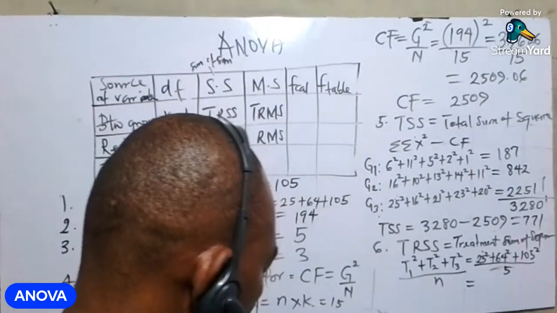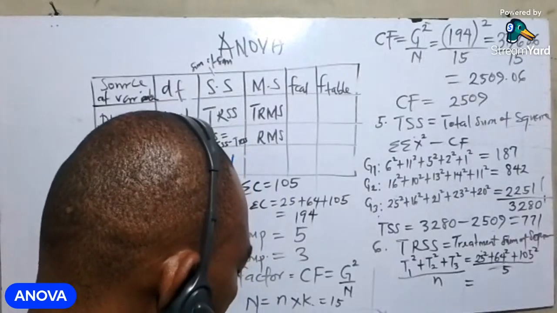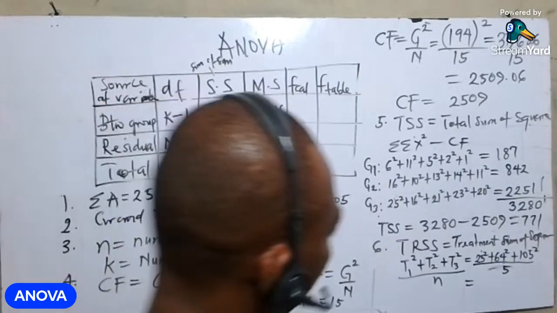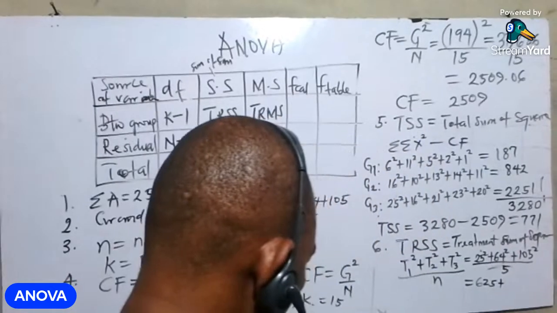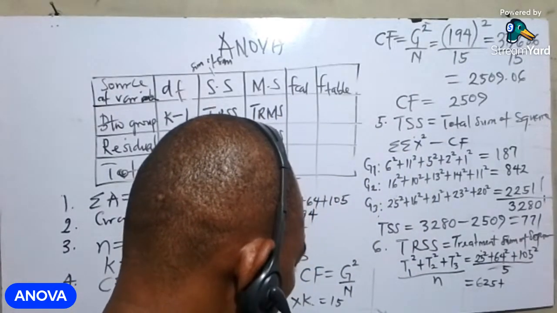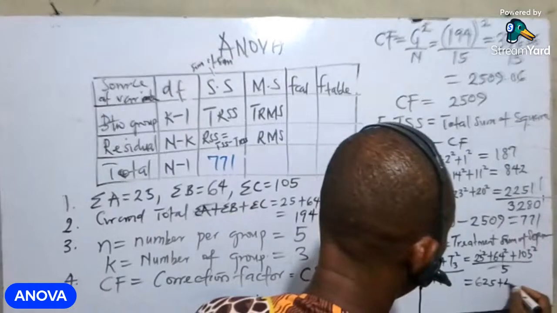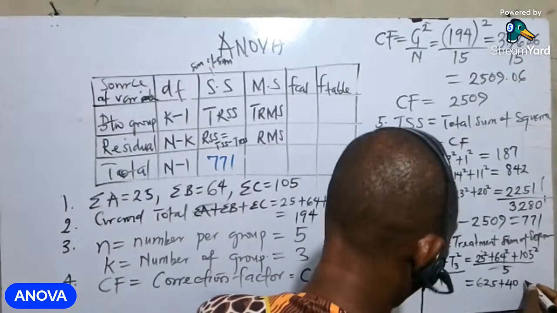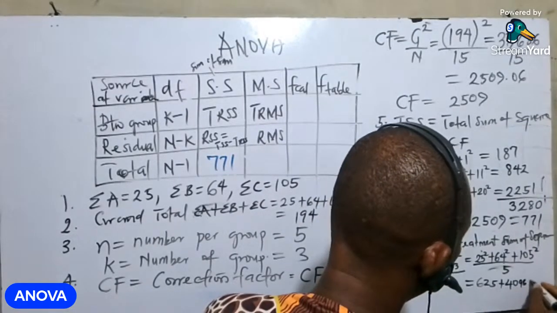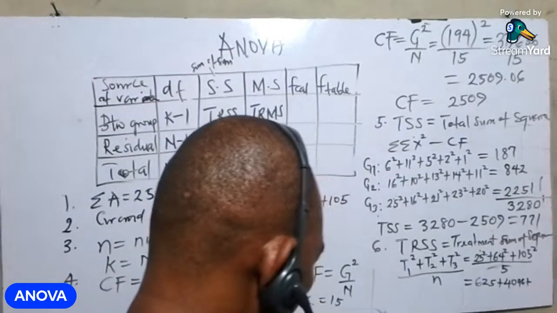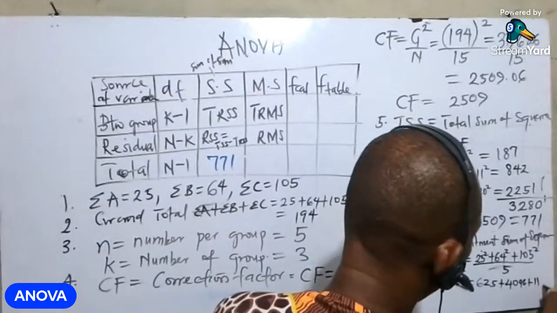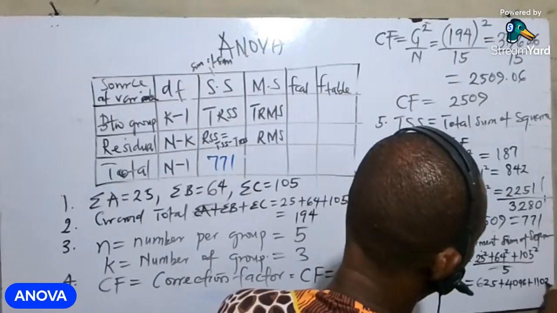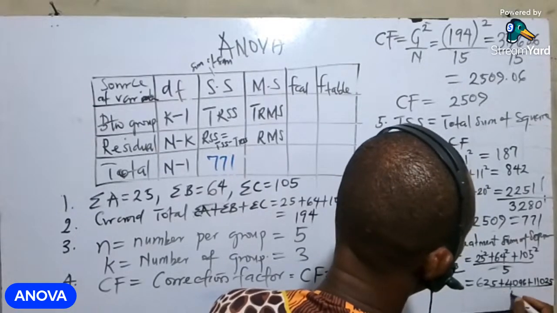This is 25. 25 square, that's 625 plus 64 square, that will be 4,096 plus 105 square. So that is 11,025. Everything to be divided by 5.